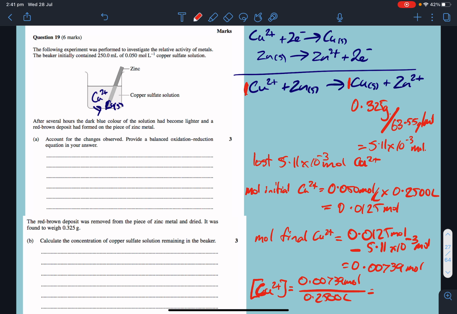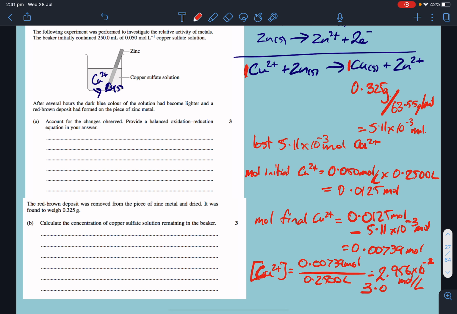I get 2.956 times 10 to the negative 2 moles per litre. And I need to report that to 2 sig figs, so it's 3.0, if I can write that down. To 2 sig figs. Alright.